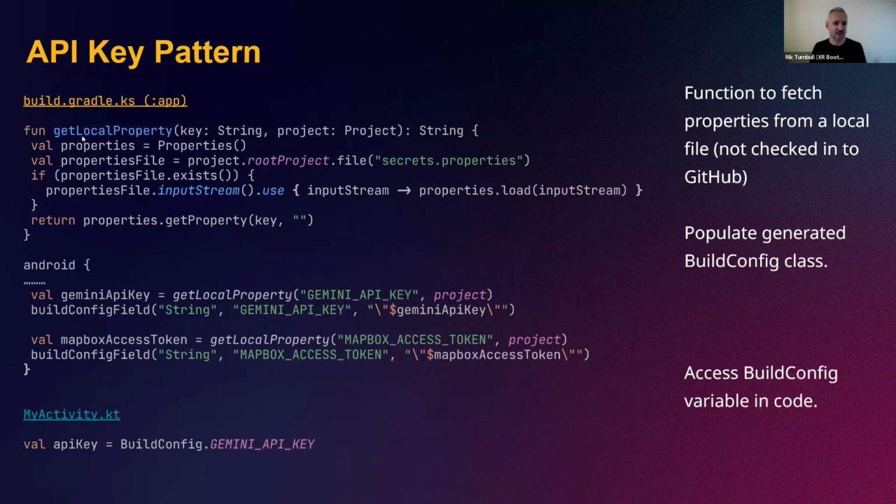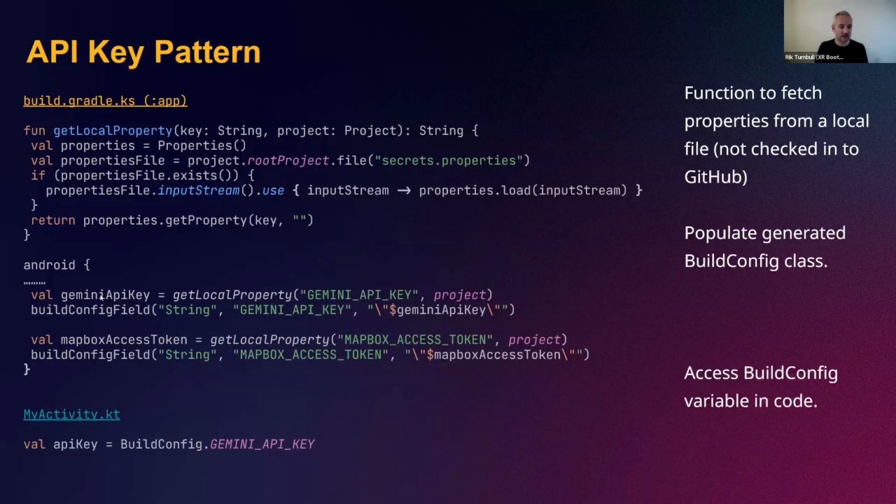So you can use this pattern to have a local secrets file where you're storing any keys or secrets for your app that's obviously not checked into GitHub at all. And then this pattern will fetch a particular string out of the properties file where you can use it.